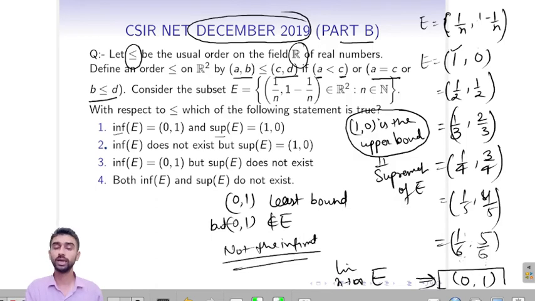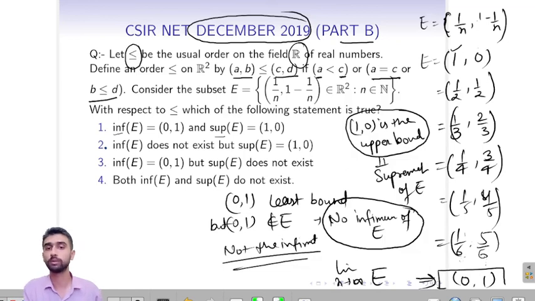There will be many other lower bounds of the set, but none of them is the infimum. So the set will not have any infimum. So I'll write: no infimum of E.